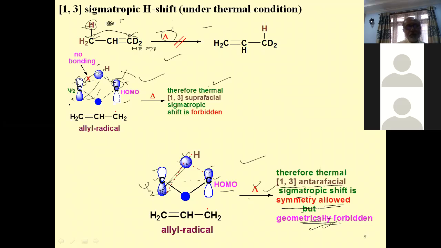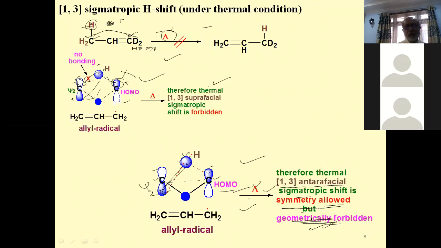We know that when antarafacial symmetry allowed takes place, the reaction is not going to take place. That is why it is geometrically not possible, therefore forbidden. Under thermal condition, migration of hydrogen is not possible. That is our final conclusion.